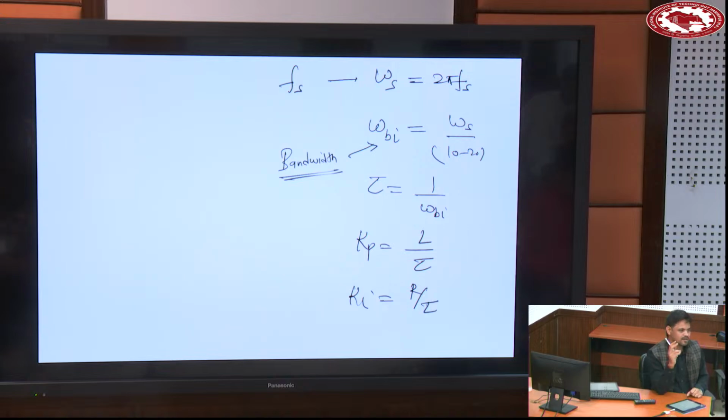Now full parameters are given, you just need to simulate it. Everything is there. And see whether it is coming or not. When this is done, then I will tell you slight modifications, that okay, change this, change that, then observe.